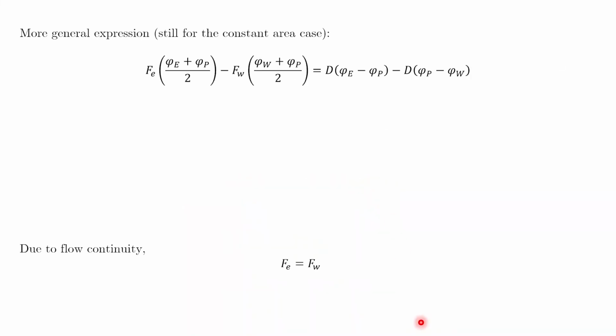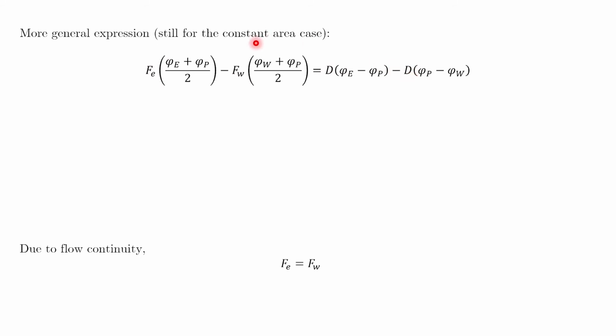So we had looked at a simplified version of the convection diffusion equation using the central differencing approach, but I would also give you pointers on how you can adopt a generalized version as well. A more general expression, again still for the constant area case, so we are still holding true for the constant area simplification. So rather than having F here, we have F at small e and F at small w, and similarly we would have D at small e and D at small w.